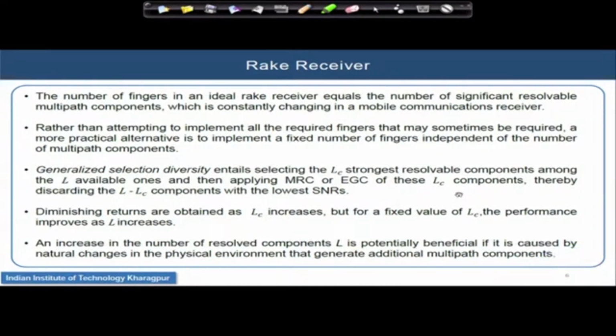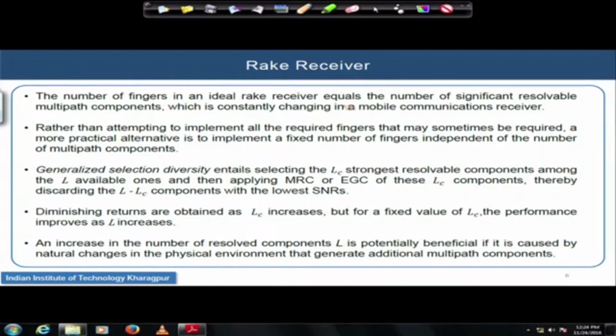Now, some good points to remember. The number one is that the number of fingers in an ideal Rake receiver usually is equal to the number of significant resolvable multipath components.